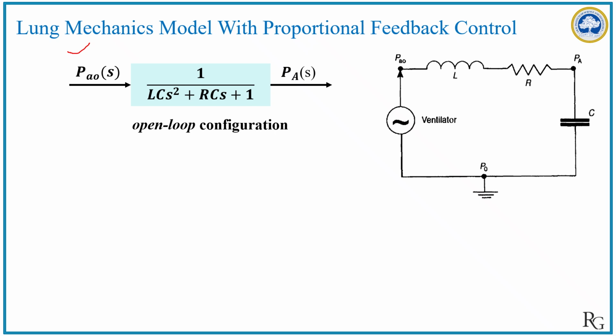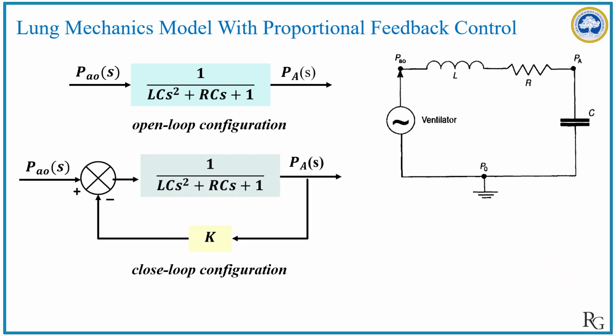That is, if the pressure inside the lungs or the alveoli increases, there should be a corrective action taken by our lung mechanics. So for that we have to develop a closed loop model. Here we can assume a closed loop configuration.